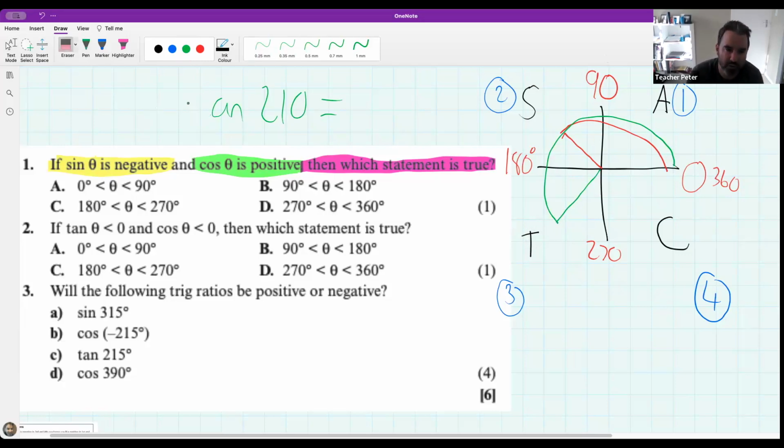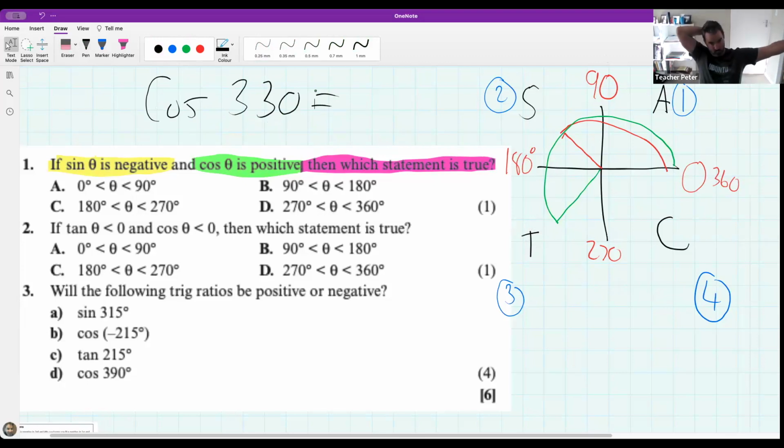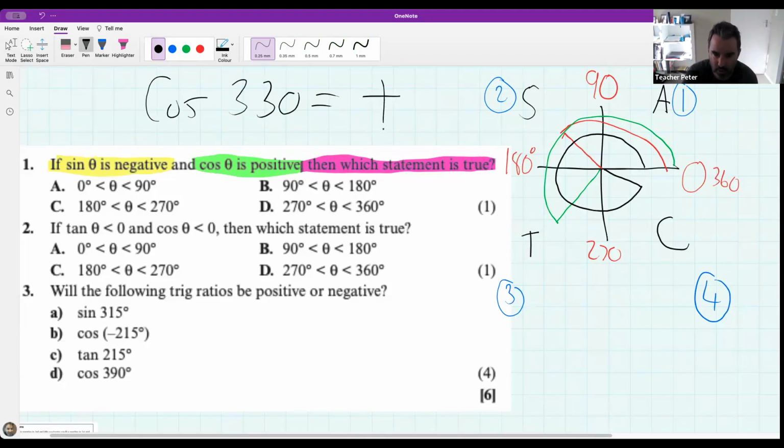Okay, one more before we take the break. What is the cos of 330 going to be, positive or negative? So where would 330 be? So 330 would be 90, 180, 270, 330 would get me here. And if you type in your calculator, the cos of 330 is indeed positive.